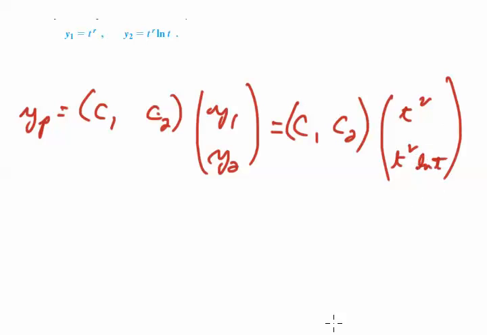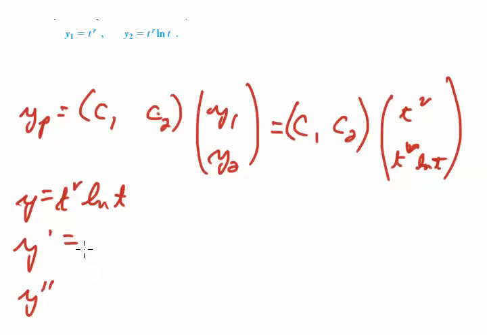If we set y equal t to the r natural log of t, what is y prime and y double prime? Well, the derivative of natural log of t, I believe, is 1 over t. And the derivative of t to the r is r over t times t to the r.